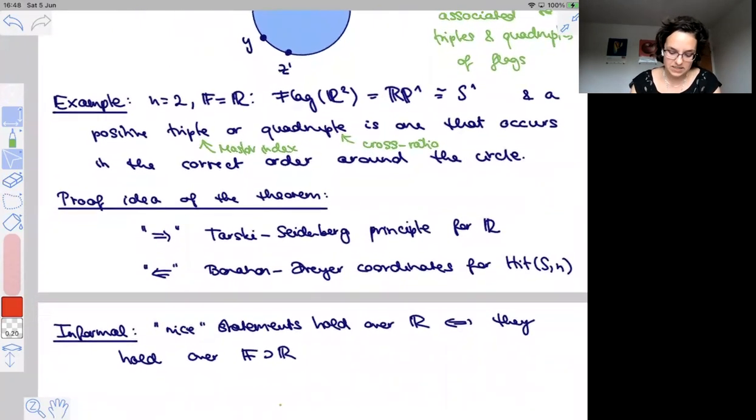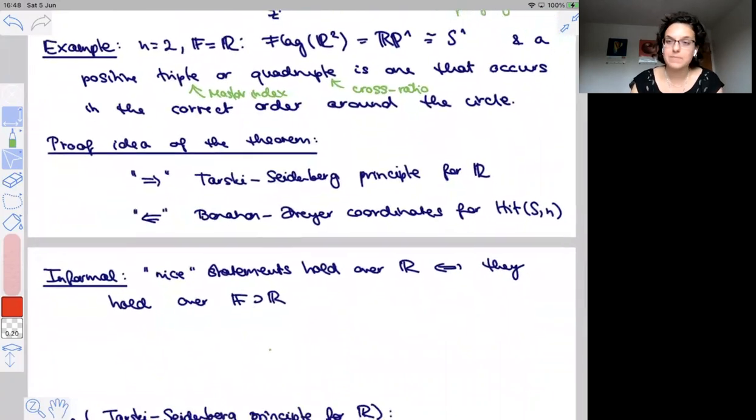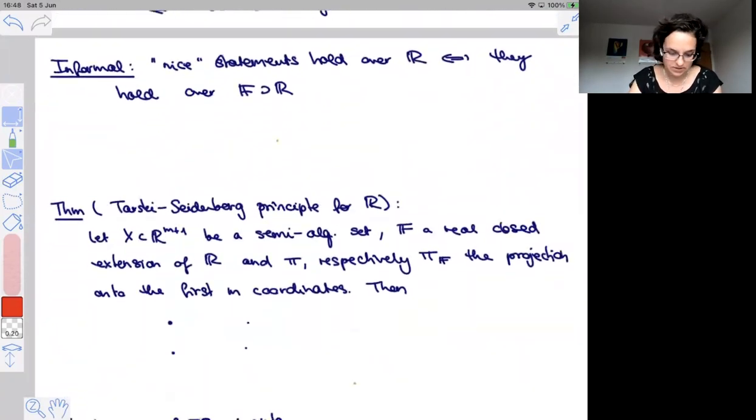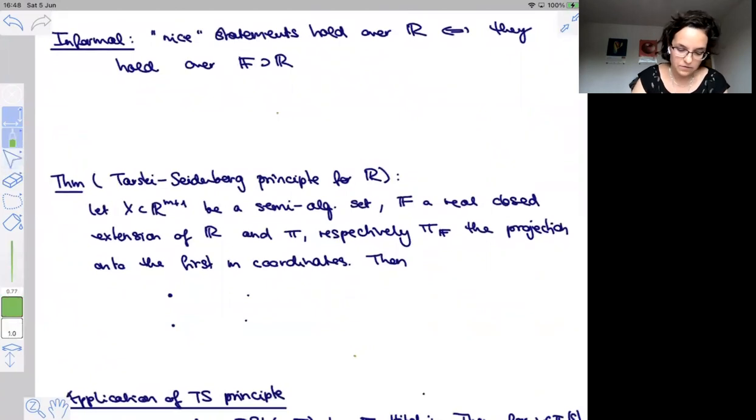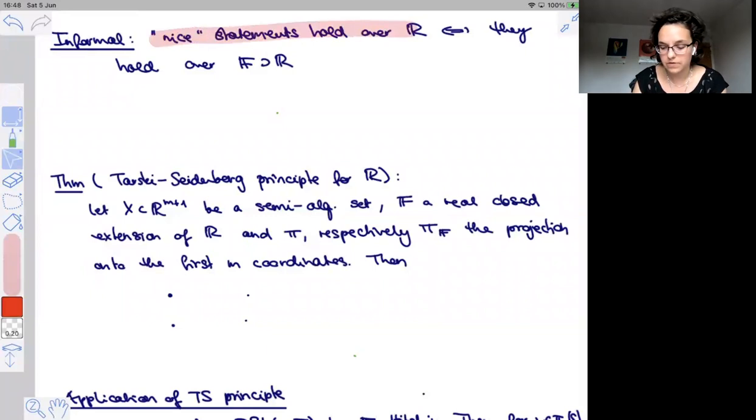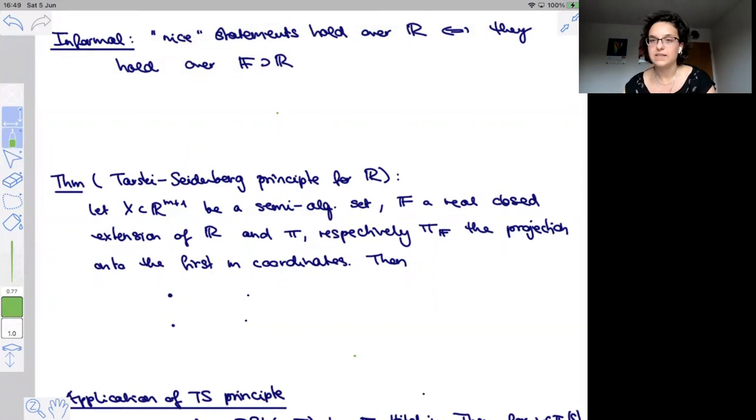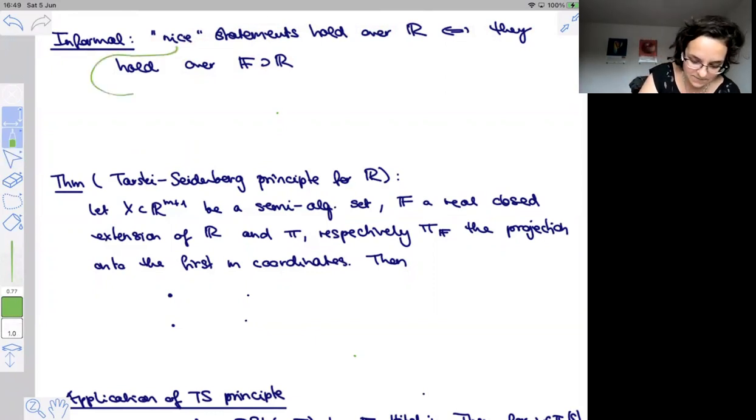Okay, so what is the Tarski-Seidenberg principle? Let me give an informal statement first. Informally, it says nice statements hold over the reals if and only if they hold over a real closed field extension F. So maybe we can specify a bit what I mean by nice.